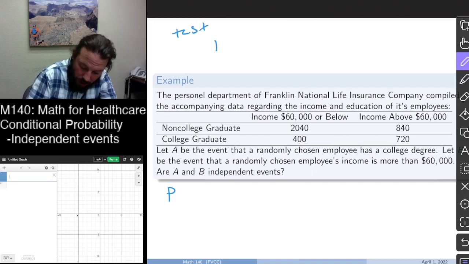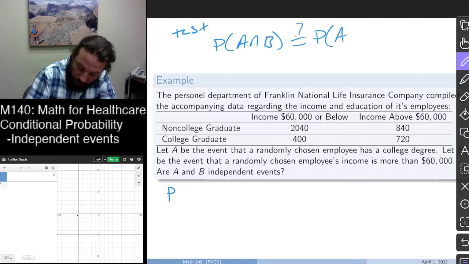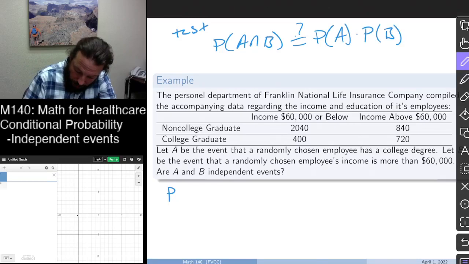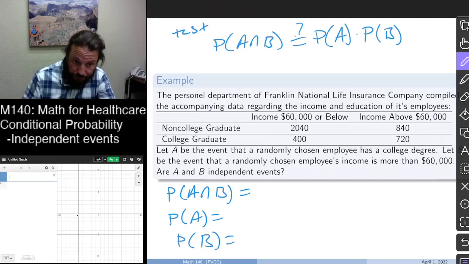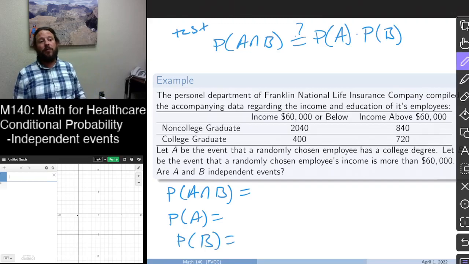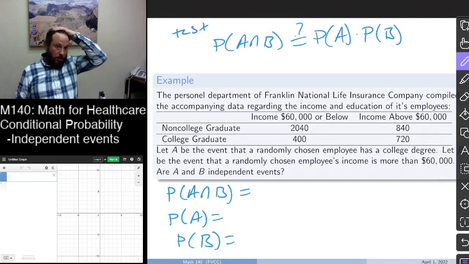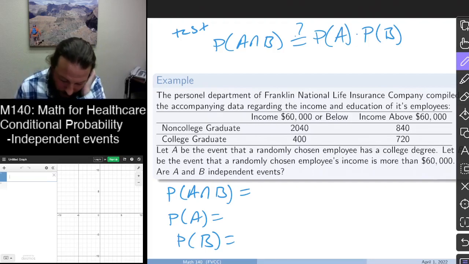Test is, does the probability of the intersection of two events equal the probability of A times the probability of B? Okay. All right, so here, probability of A intersect B we're going to need, probability of A we're going to need, and the probability of B we're going to need. Go ahead and take a minute and find that on your own. Maybe hit pause. Okay.